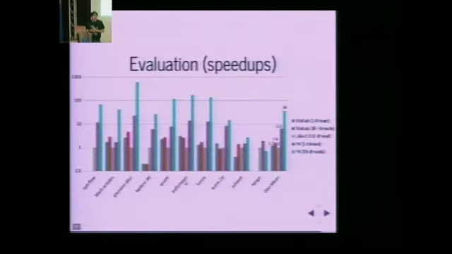And here's the overall evaluation across a set of benchmarks. So the x-axis is all the benchmarks, with different implementations. We have MATLAB running on one thread, and MATLAB running with the default setting on all the threads. That's 36 threads in the test environment we have.